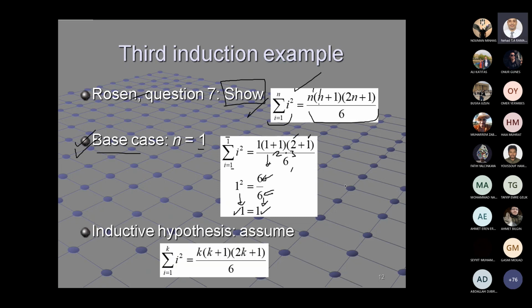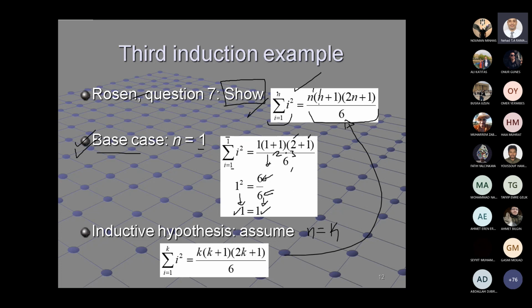Okay, now inductive hypothesis. We assume that it's correct for k. So we assume that it's correct when we have n equal k. Apply k here instead of n.